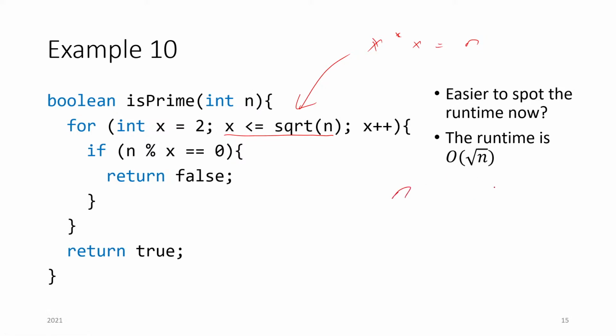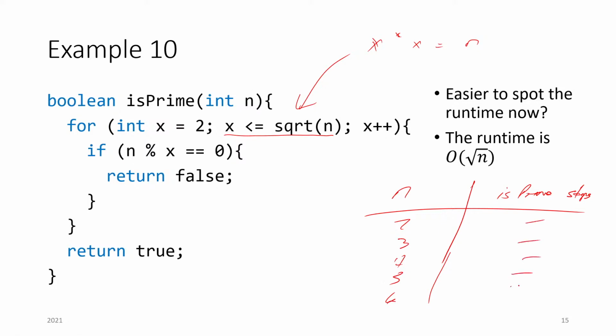we'd say, okay, we have a table here, n, and then we have is prime steps, and then we'll go from 2, 3, 4, 5, 6, and we're going to get some results for each one.